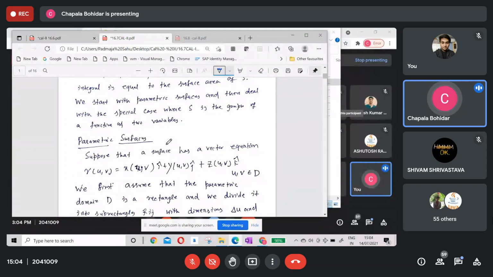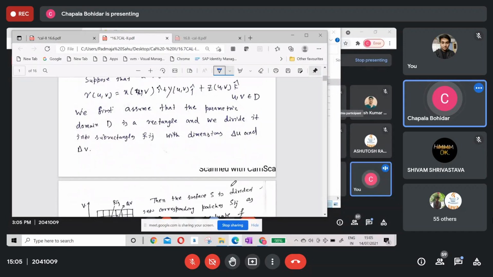In the last chapter we considered r as a function of t, here we consider r as a function of u and v, that is the uv plane. So x, y and z are all functions of u and v, where (u, v) belongs to the domain D.